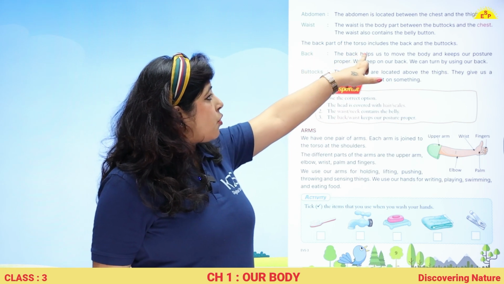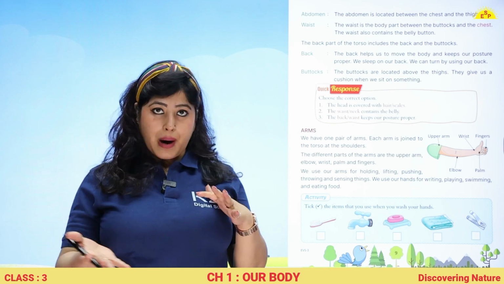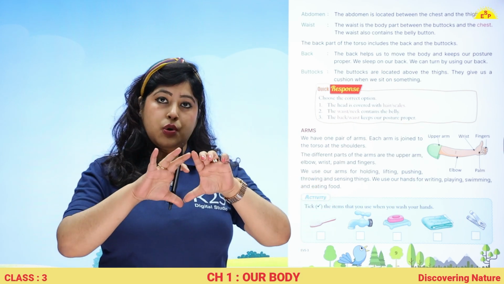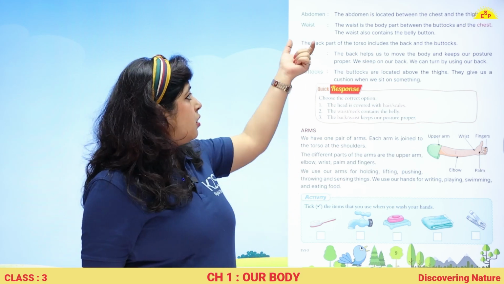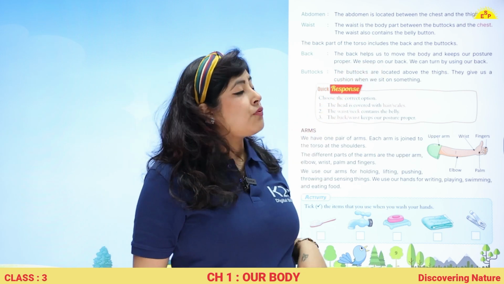The back part of the torso includes the back and the buttocks. तो torso का जो back part होता है, that we have seen in the picture, तो उसमें हमारा back और जो hip area है, that comes in the torso. Now, what is back? The back helps us to move the body.